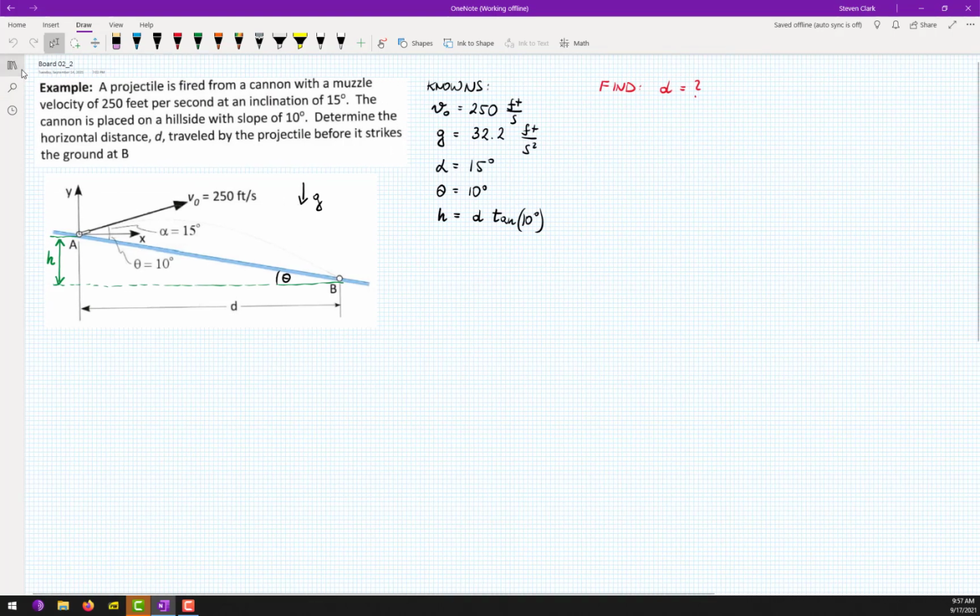So let's briefly familiarize ourselves with the problem statement. Okay, so basically it's clearly a projectile motion. We have a thing that is fired from here, from point A. This is the trajectory.